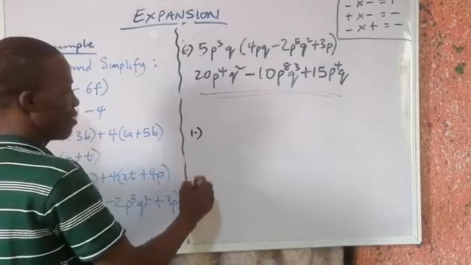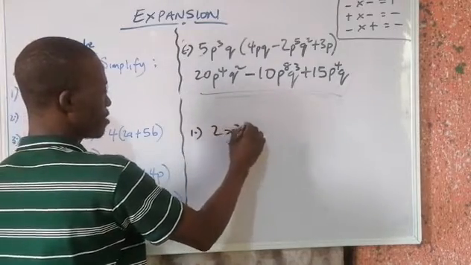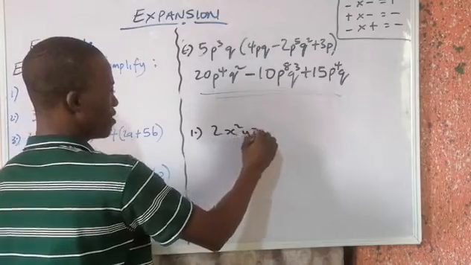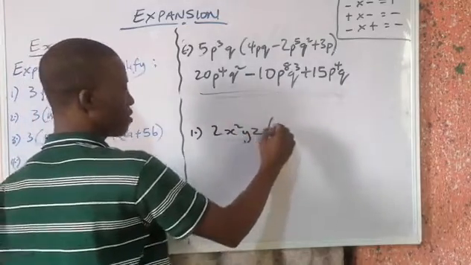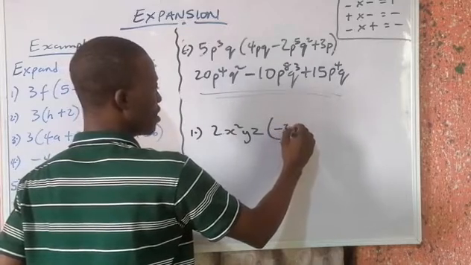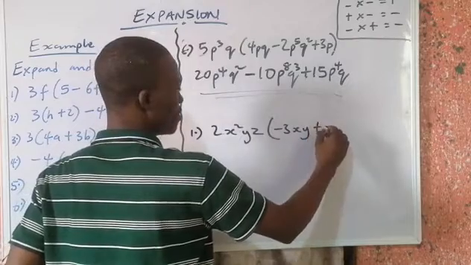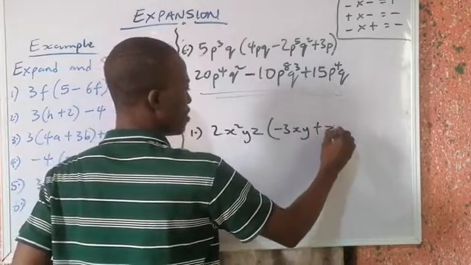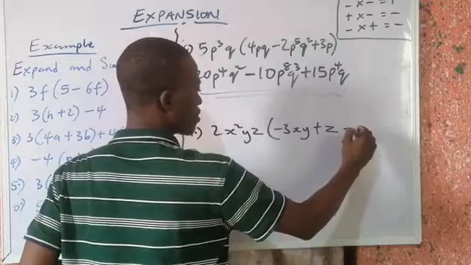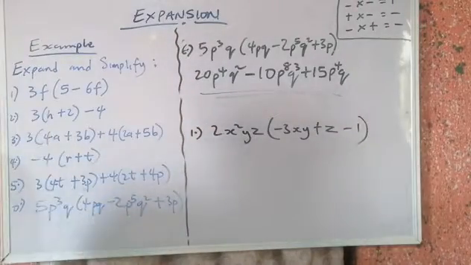So you have question number 1, you have 2x squared yz bracket minus 3xy plus z minus 1. So try to lay your hands on this.